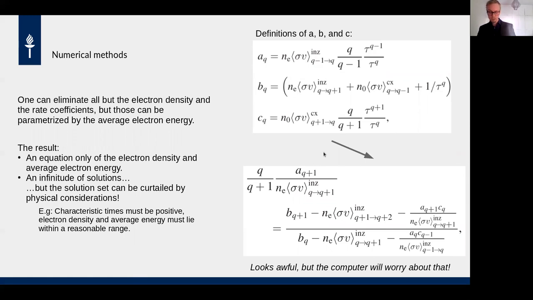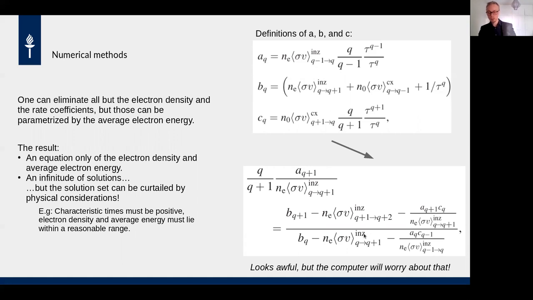It can be shown by performing some amount of algebraic acrobatics on these definitions of A, B, and C, that this equation in two unknowns, the electron density and average electron energy, remember hidden here in the ionization rate coefficient, applies. Now this equation has an infinitude of solutions consistent with the parameters A, B, and C, a mathematical fact.